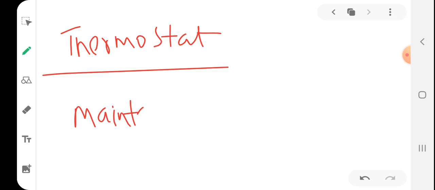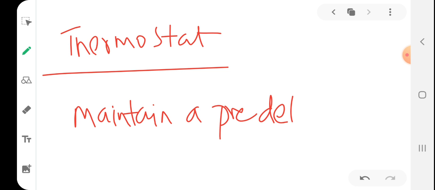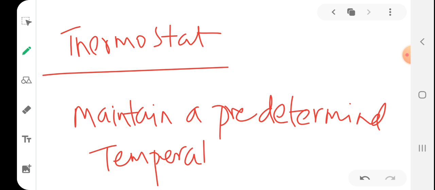It helps to maintain a predetermined temperature. Thermostats allow the refrigeration system to bring the products to be cooled down to a predetermined temperature, but not lower than that temperature.